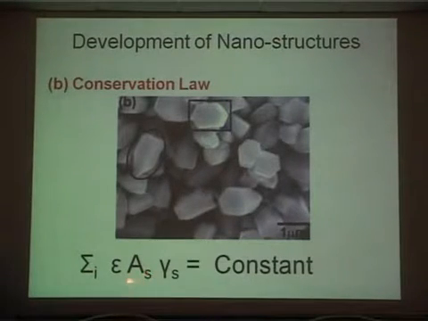So, generalizing this, the area of each surface and the surface energy of each surface, multiplied with some proportionality constant. That constant is yet to be understood. It has to be a constant, because the area of one shape and the area of this and this are different. Obviously the surface energy of this and this will be different. So now the task is to find the proportionality constant from one surface to another surface.